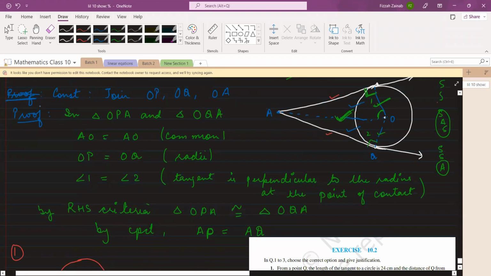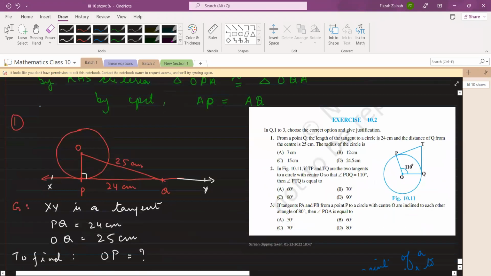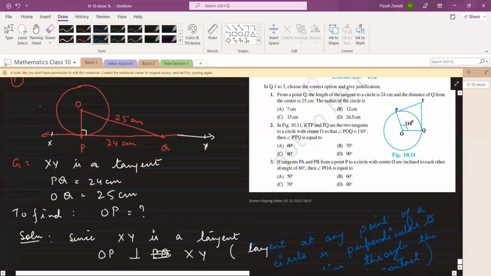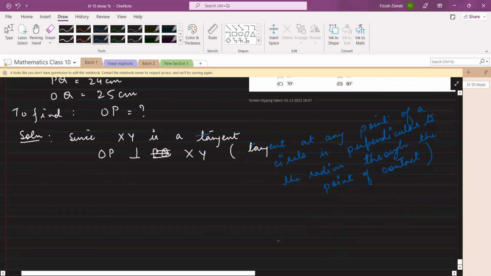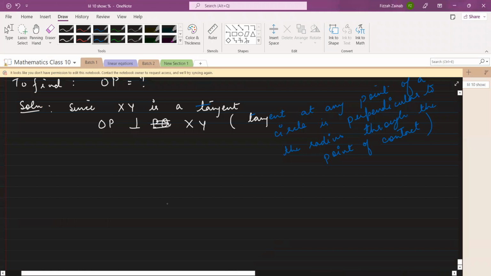With the help of this theorem, I have started the first question of exercise 10.2. So because XY is a tangent here, OP, that means the radius, will be perpendicular to the tangent. We have already done this theorem in the previous class.